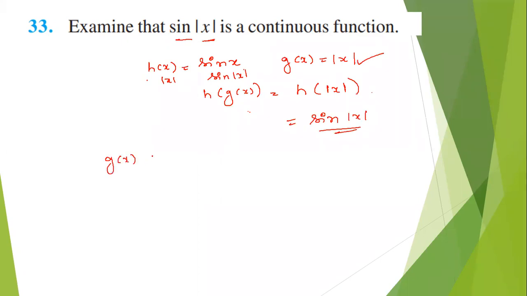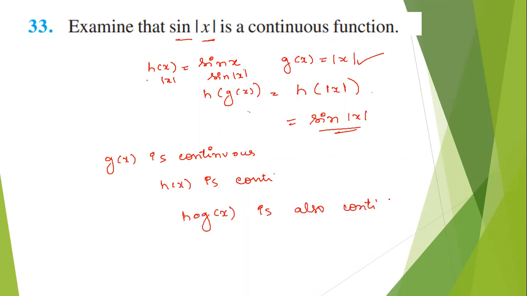G of x is continuous, and h of x is also continuous. So we can say h composition g of x is also continuous. It's continuous throughout the real number system. So we are just telling it's continuous.